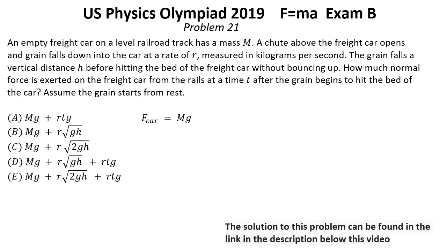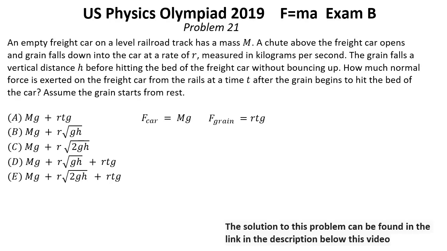The grain accumulates at a mass rate R, so after a time t, the car contains a total grain mass Rt. Thus, the total weight of the grain after time t is Rtg. And third, the force from absorbing the momentum of the falling grain when the grain lands on the cart.